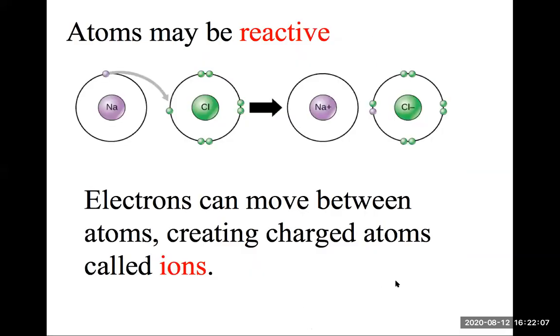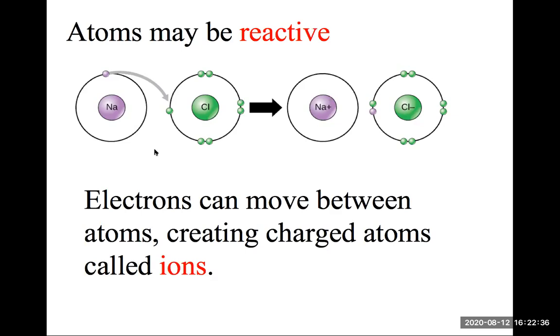All right. How likely an atom is to form interactions or bonds with other atoms depends on its composition. If an atom is likely to make bonds, we call this reactive. So it's going to interact with other atoms. Here on the left, we see an Na, which stands for sodium, and a Cl, which stands for chloride.